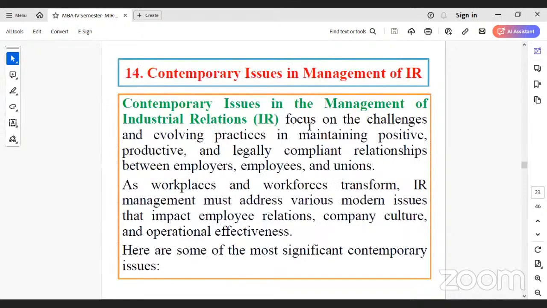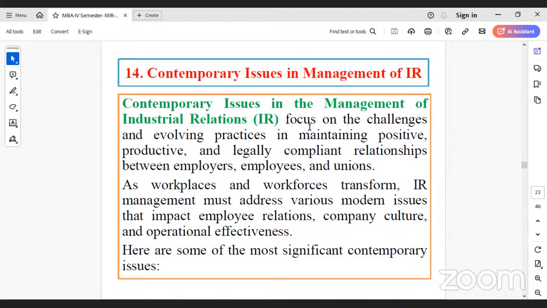Unit 14 of block 5 is the contemporary issues in management of industrial relations. This focuses on the challenges and evolving practices in maintaining positive, productive, and legally compliant relationships between employers, employees, and unions.